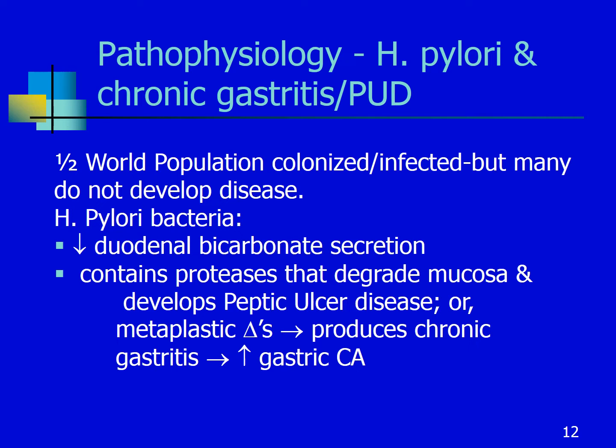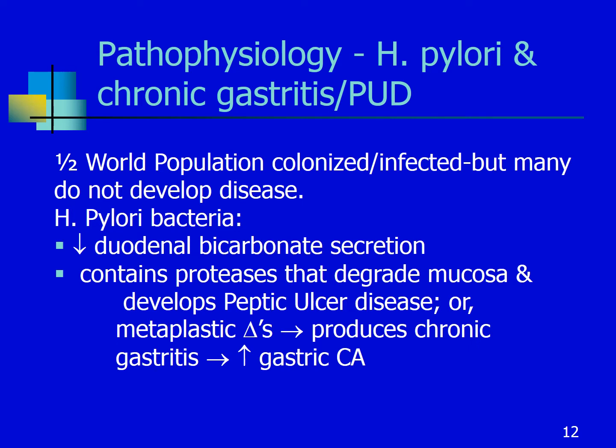So H. pylori decreases the bicarbonate secretion, right? Because of that, it degrades the mucosa, and then the patient develops peptic ulcer disease, or even worse, metastatic disease, right? So going to chronic gastritis and the worst case scenario, gastric cancer. So H. pylori is really significant when it comes to gastritis, and we need to treat it to eradicate this disease because of the issues it can cause, the most alarming being gastric cancer.